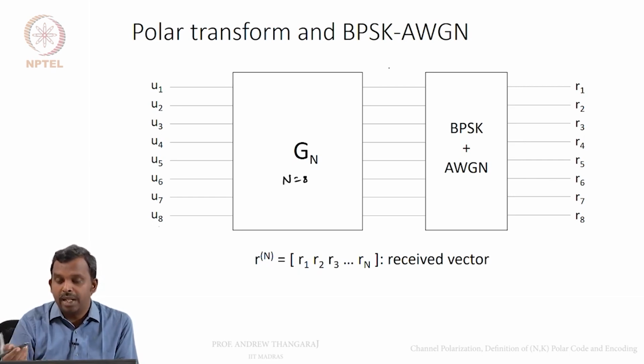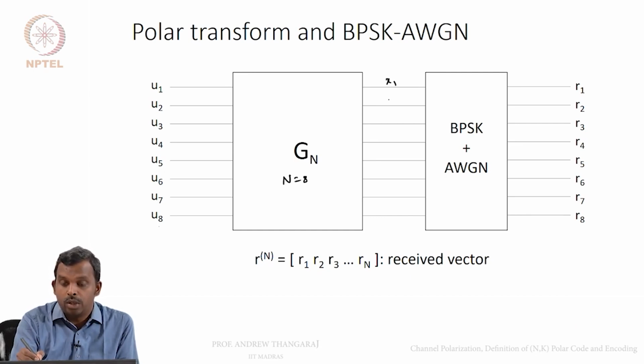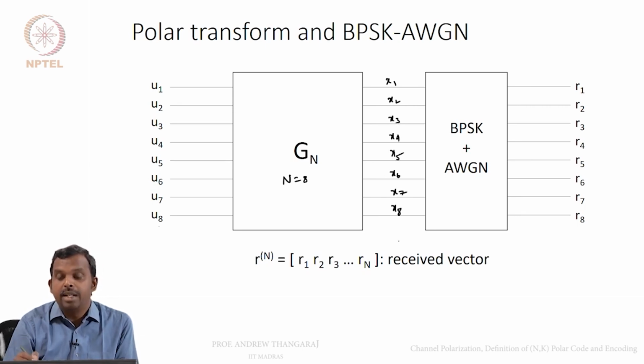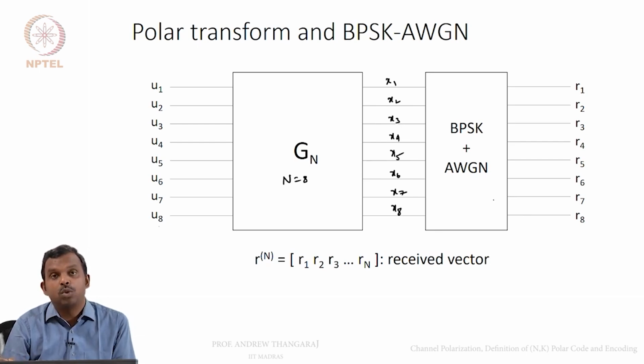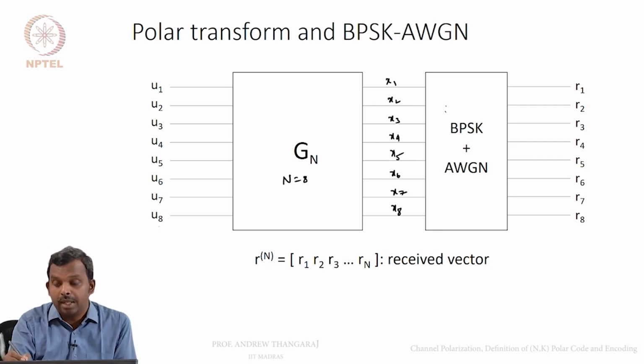Okay. So these outputs could be anything, and usually you can denote them as x1, x2, x3, x4, x5, x6, x7, x8. So these are 8 bits, and then you can transmit them through BPSK AWGN. What is BPSK? Once again, 0 goes to +1, 1 goes to -1. And what's AWGN? It's S plus noise, right?